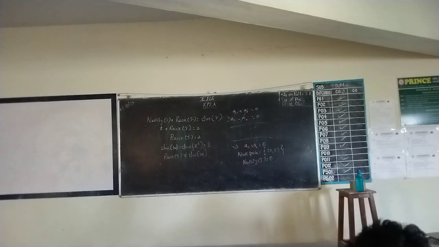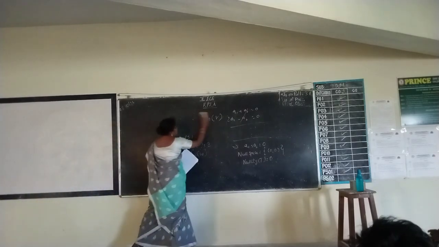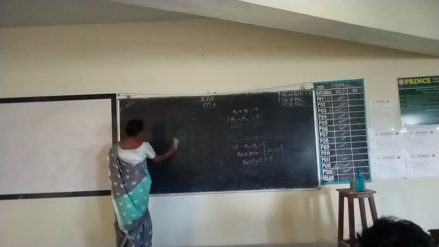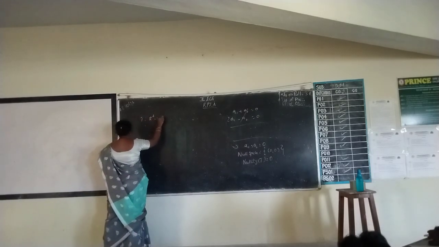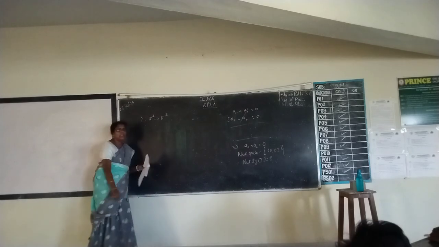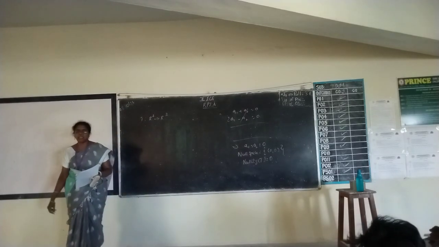Okay, practice problem. Take down one more practice problem. Take from the same relation now. T from R square to R cube is a linear transformation.